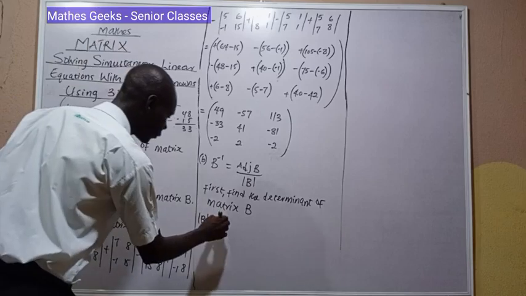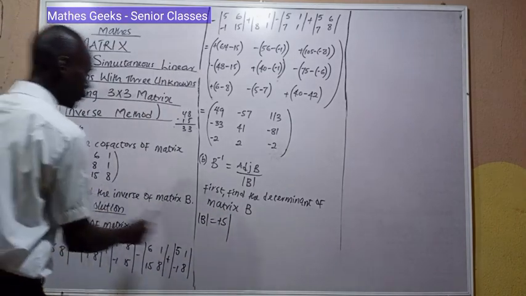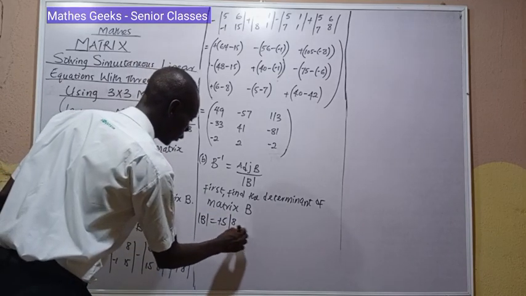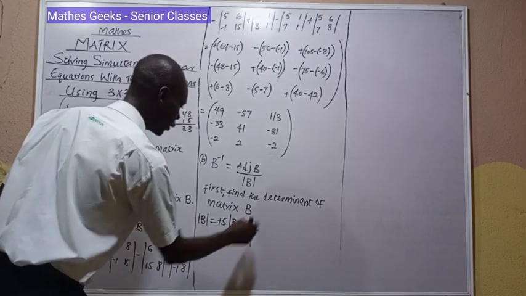So plus 5, eliminate the first row and the first column. We have 8, 15, 1, 8. Minus 6.